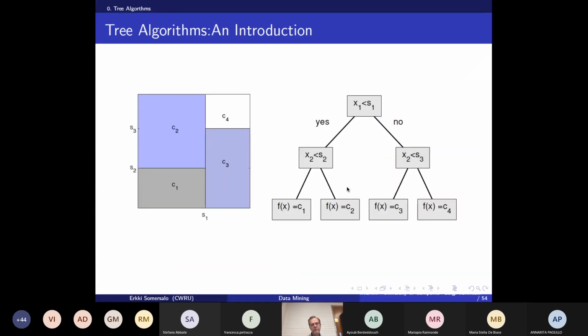So here is a graph, and these yes or no questions correspond to rectangles in your data space.